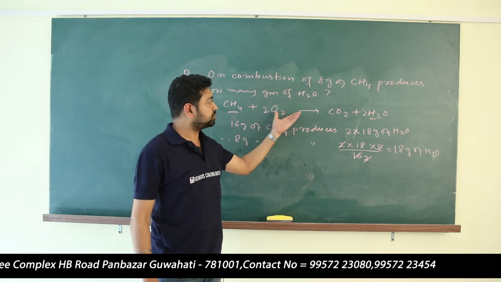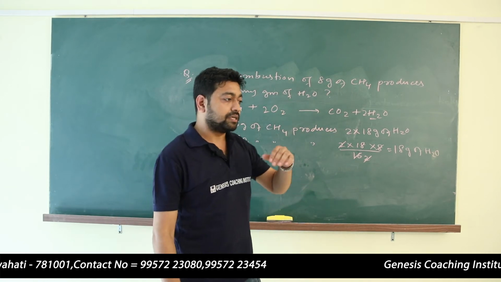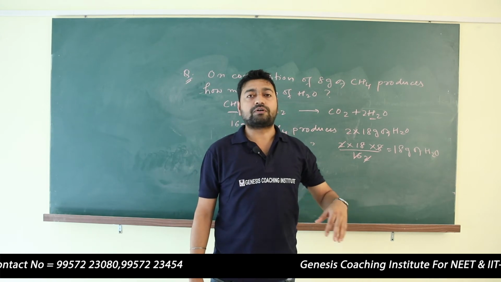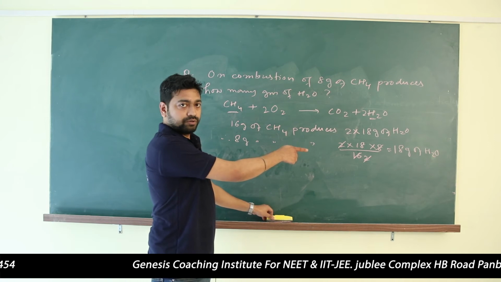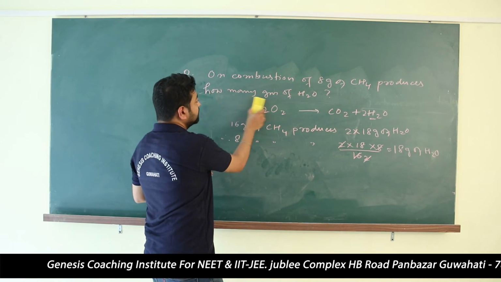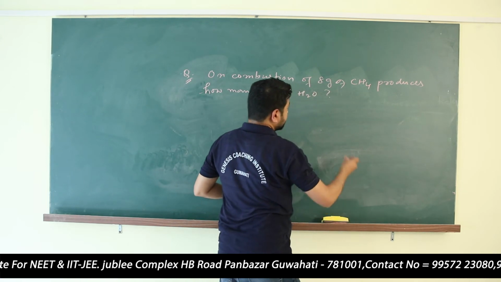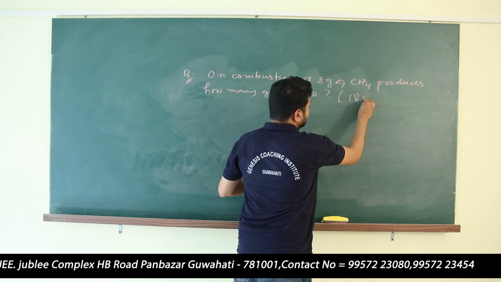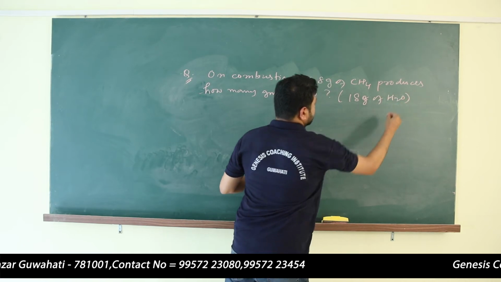We know this one because we know the equations. But if this type of question comes where you don't know the equations about the inorganic chemistry, remember this value. It is 18 gram. The answer is 18 gram of H2O.